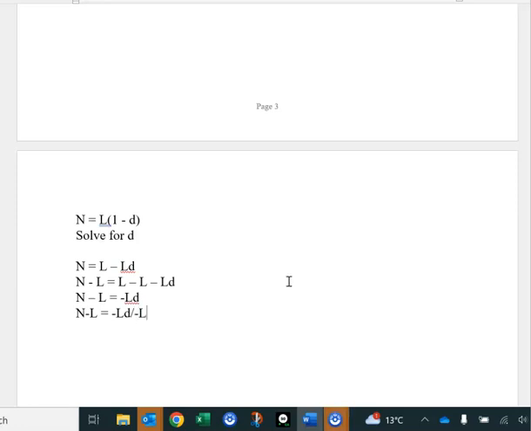So again, what I do to one side, I have to do to the other. So to simplify this, I'm going to put it in brackets to show that this is together and that the whole thing, n minus L, needs to be divided by minus L. Okay, so let's simplify it.